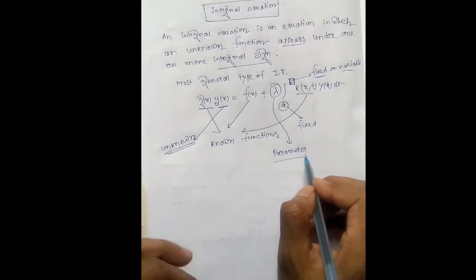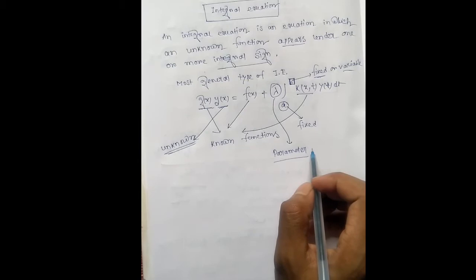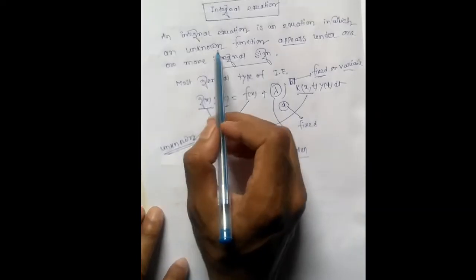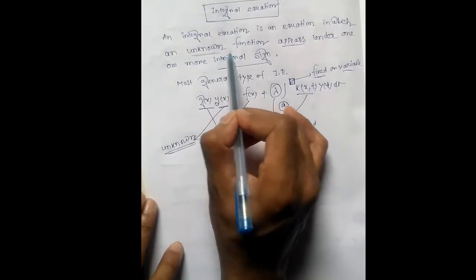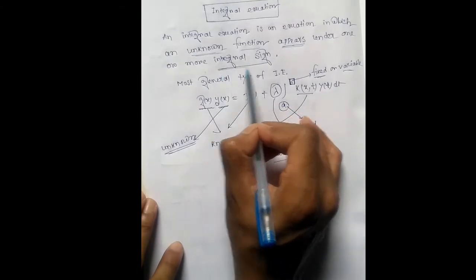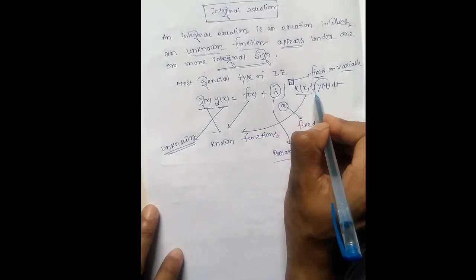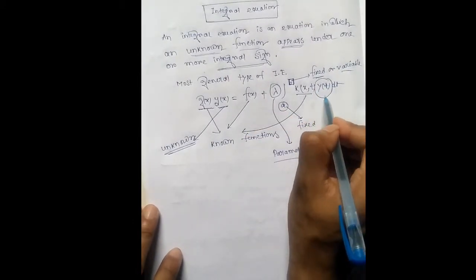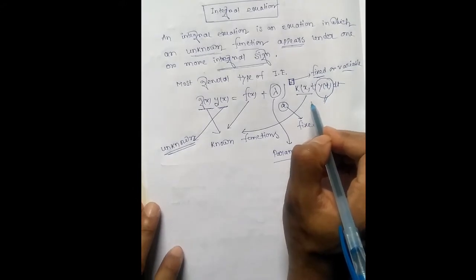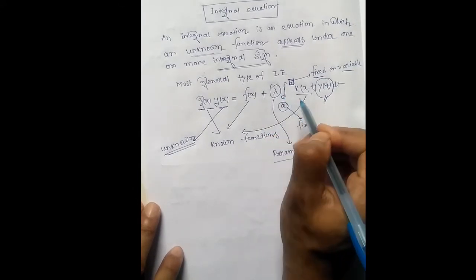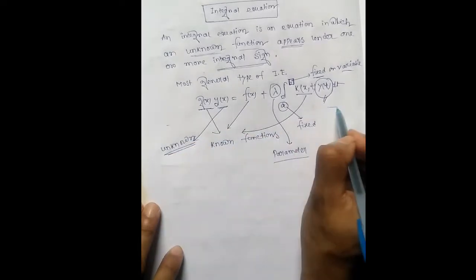It may be real or complex. Now our definition is that an unknown function appears under the integral sign. This y(t) is an unknown function under the integral sign, so this is an integral equation.